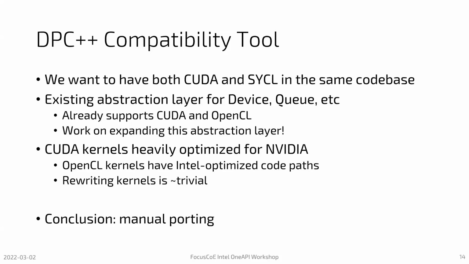And another thing is that we do have OpenCL kernels tuned for Intel and AMD. On the other hand, CUDA kernels are tuned for NVIDIA. They use 32-thread wide execution. They are tuned for specific grid sizes and block sizes to run well on NVIDIA, and that doesn't usually work well for Intel. So just porting NVIDIA optimized kernels to SYCL wasn't really all that useful for us.